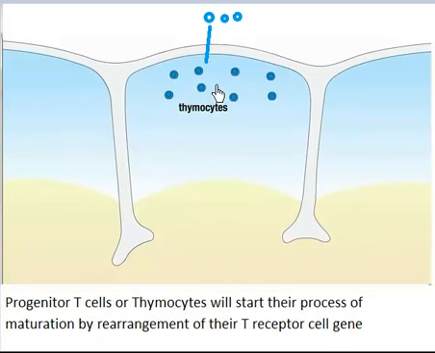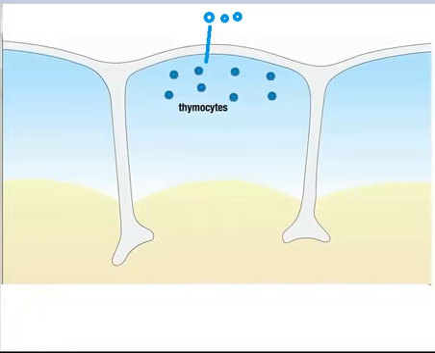Those progenitor cells or thymocytes will initiate their process of maturation by first rearranging their genes for the T cell receptor. So the T cell receptor genes are rearranged, and that initiates the process of maturation of the T cell.